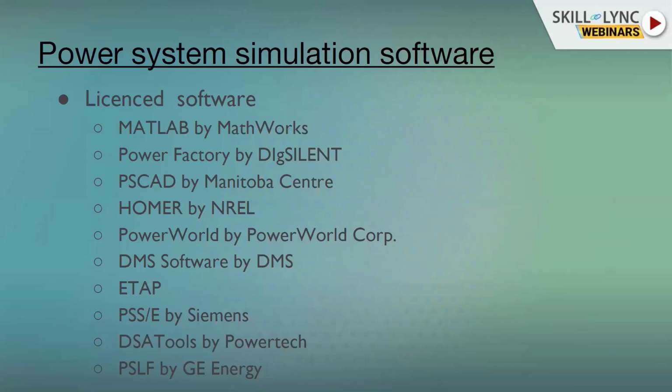So we must have some simulation software where we do the mathematical modeling of these components, like big generators or big transmission lines, and do all the testing there. For that, obviously, we all must know about MATLAB, which is provided by MathWorks. Other than that, there are a few softwares like Power Factory, PSCAD, Homer, ETAP, PSSE, PSLF, DSAT.